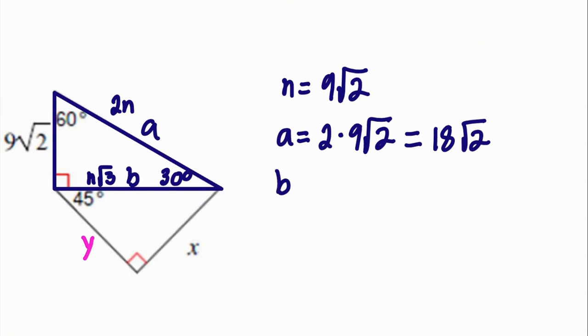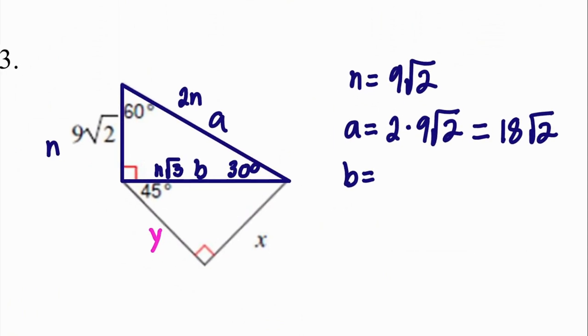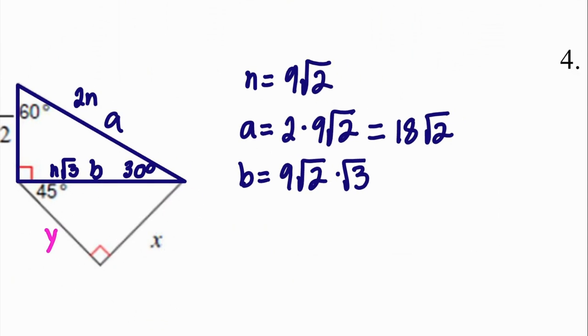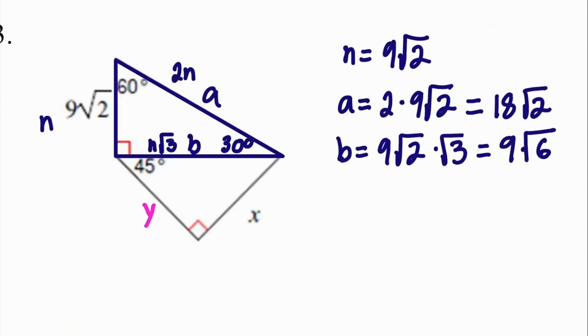Similarly, to find b, we're going to take that n, which is 9 square root 2, and multiply by the square root of 3 here. Both of these are under the radical, which is fine. So that 9 will stay the same, and we'll do 2 times 3 to get the square root of 6. And that doesn't simplify, so we'll just leave it alone there.